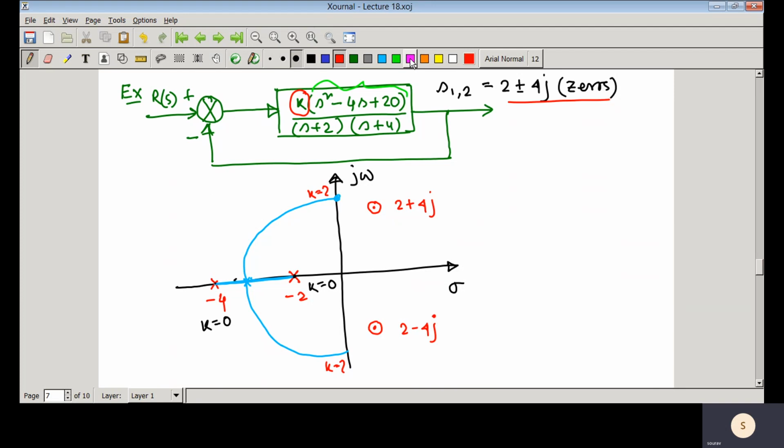And now the question is, when k tends to infinity, how will the root reach this particular zero? So we need to find the angle of arrival.